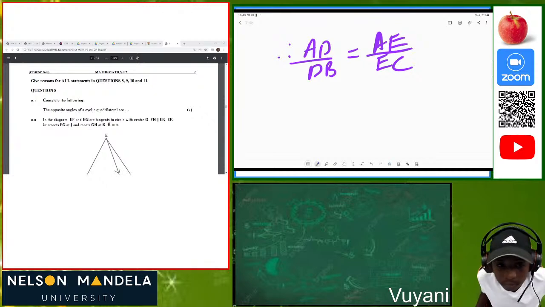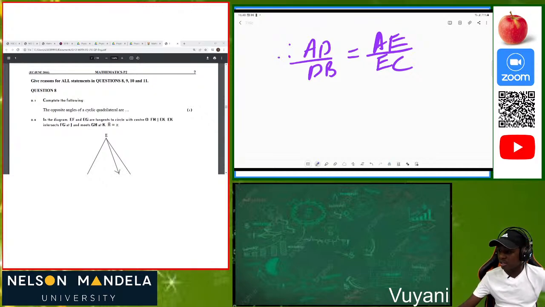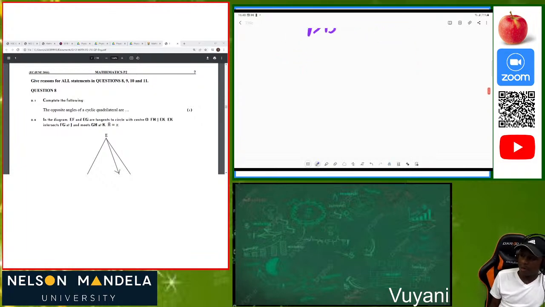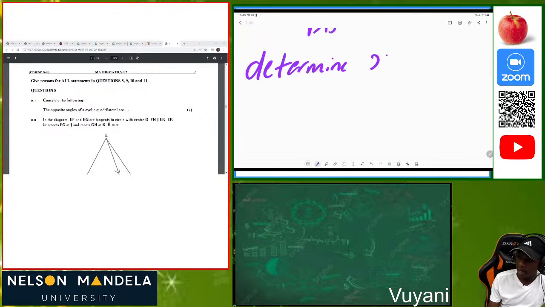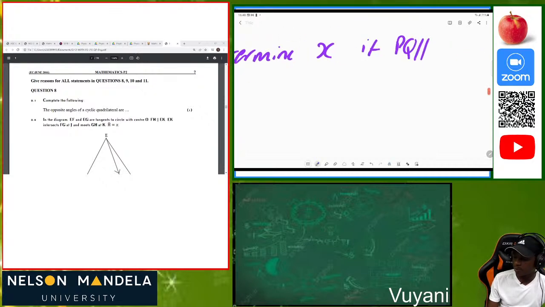Okay. Now I want us to do a small example so that you can understand how we use the proportional theorem. They will say, determine X if PQ is parallel to BC.